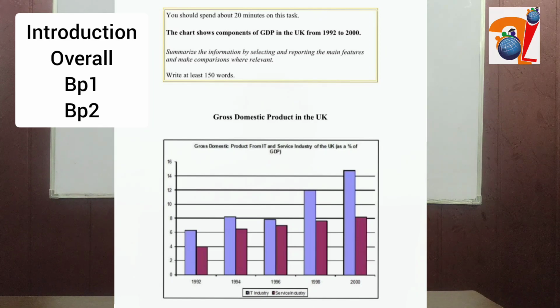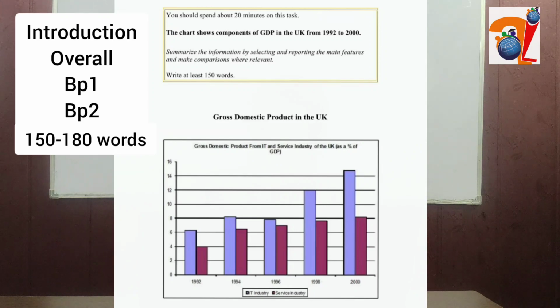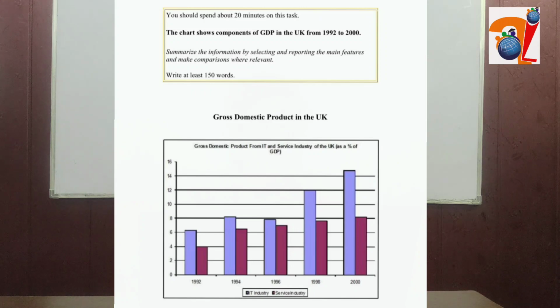Paragraphs 3 and 4 will be about the description or the details, and you are supposed to write around 150 words, and do not worry if you exceed slightly. You can go up to 180 words, but keep in mind, under length can again spoil your score.